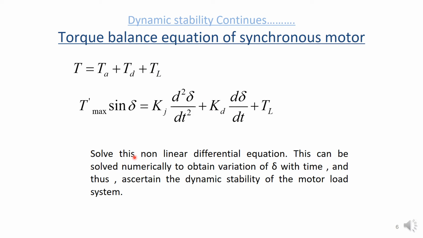TL is the load torque. You can see this is a non-linear differential equation. So this can be solved numerically to obtain the variation of the power angle delta with time, and thus ascertain the dynamic stability of the motor load system.